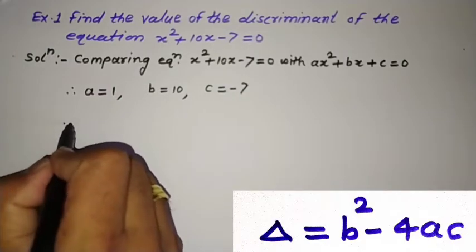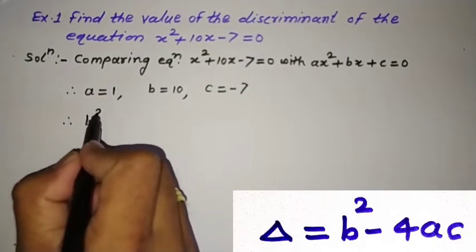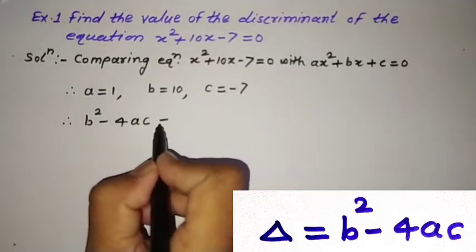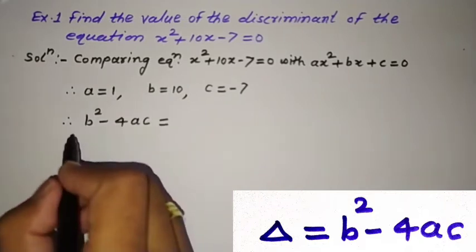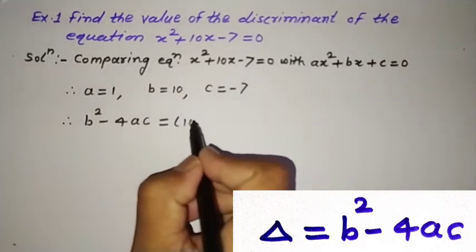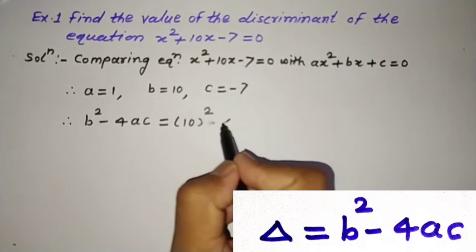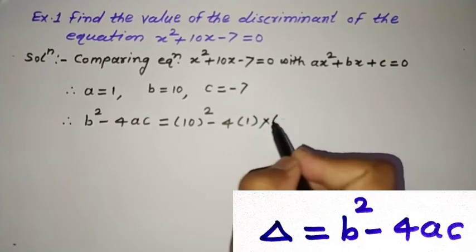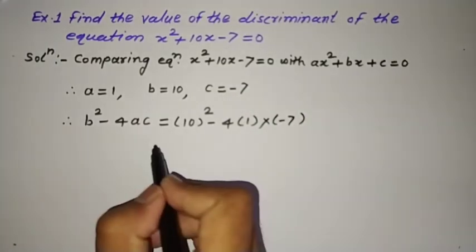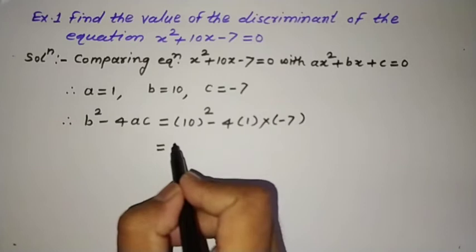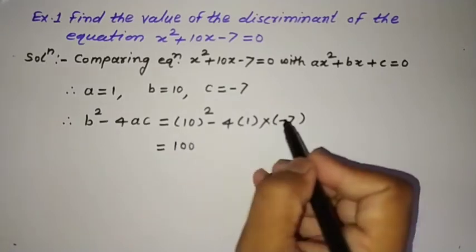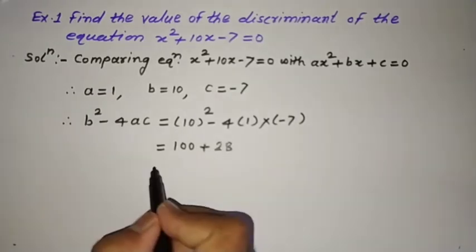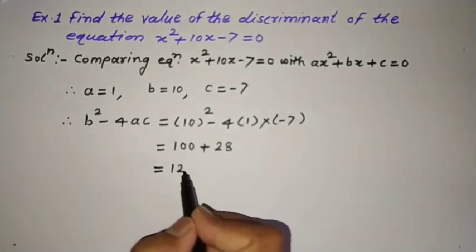Find the value of discriminant. The formula of discriminant is b square minus 4ac is equal to, putting the value of b is 10 square minus 4 into value of a is equal to 1 and value of c is equal to minus 7, is equal to square of 10 is 100, minus minus plus, 4 sevens are 28, is equal to 128.